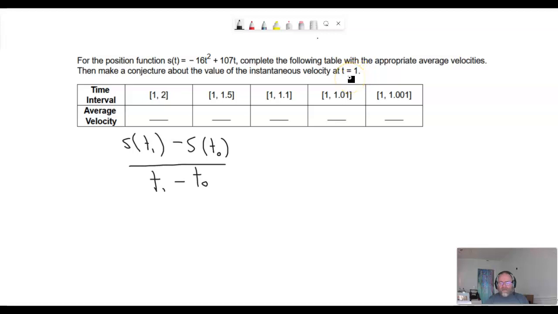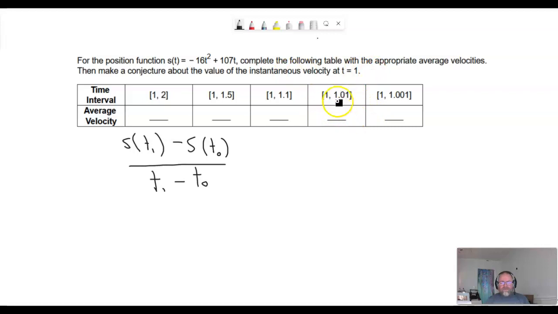So let's go through the terms real quick. The instantaneous velocity is your speed at exactly this value 1 here. So after 1 second, the instantaneous velocity is exactly how fast you're going.